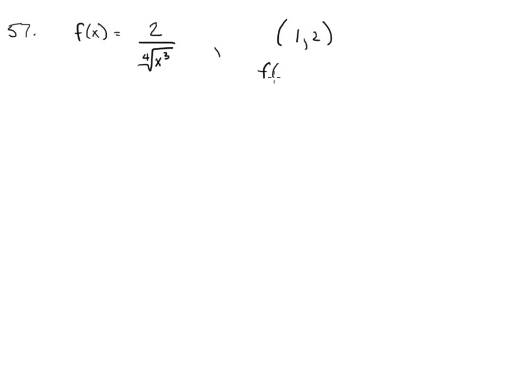So if I do f of 1, it will be equal to 2 over the fourth root of 2 cubed, which is 2 over the fourth root of 8, which is, let's see, a number that when you multiply it to itself 4 times gives you 8.